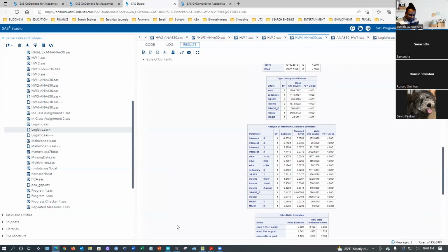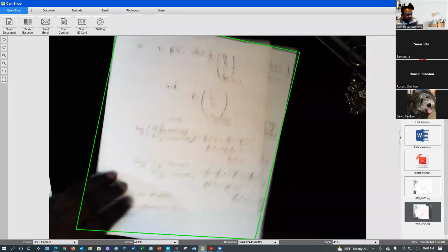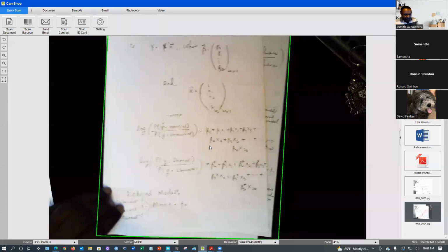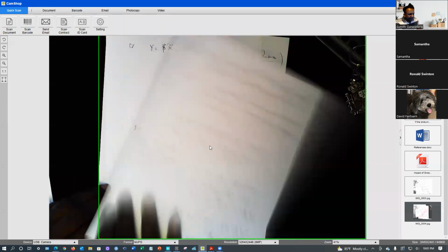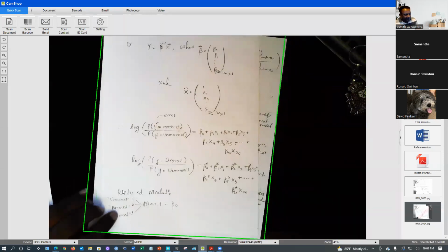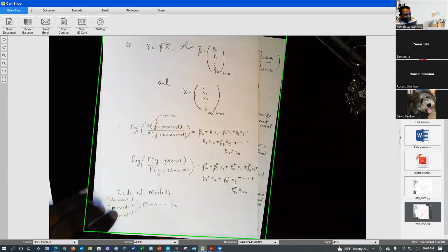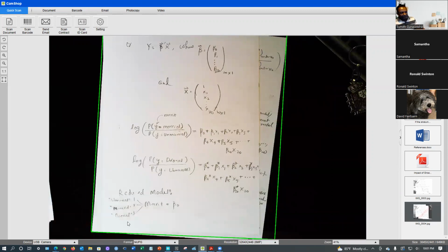See here, 2 versus 1, 3 versus 1. That's an example where you need the beta nodes, 2 betas, when you have 3 options for y.